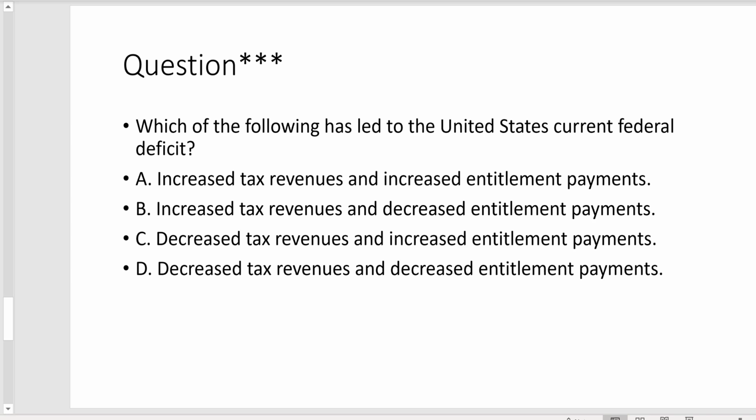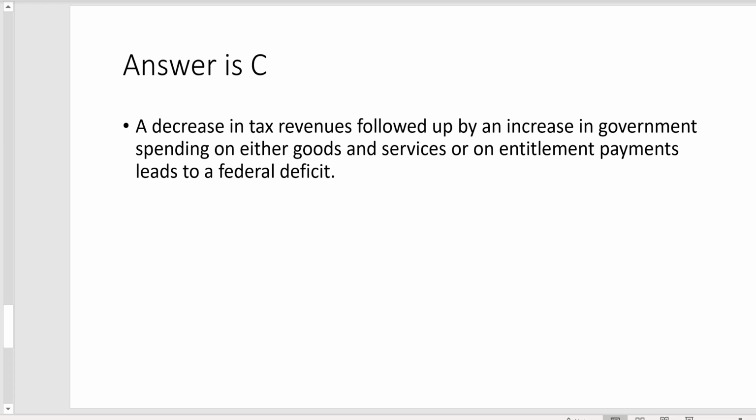But C, maybe a decrease in tax revenues, or D, a decrease in tax revenues. Let's start with C. Decreased tax revenues and increased entitlement payments. Yeah, that would lead to a deficit. If you're spending more and taking in less, that's going to lead to a deficit. D says decreased tax revenue and decreased entitlement payments. No. Letter C would lead to a deficit.